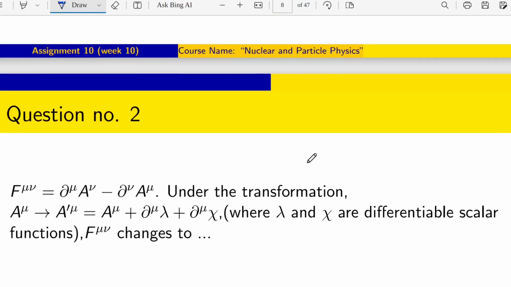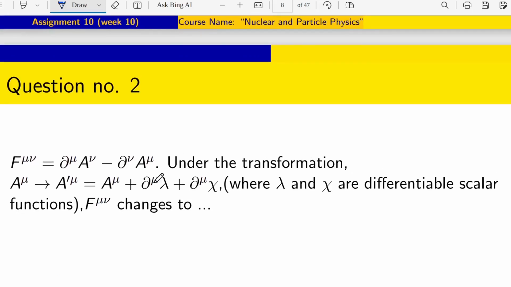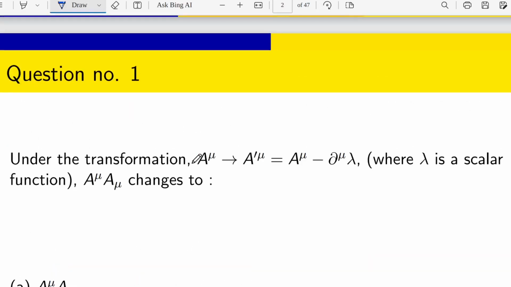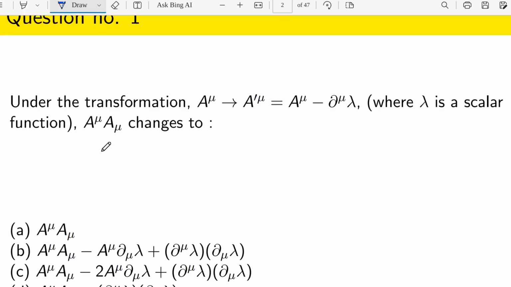And the next one was, under the gauge transformation, A mu prime equals A mu plus del mu lambda plus del mu chi, what will be the answer for that F mu nu? And similarly for the gauge transformation A mu prime equals A mu minus del mu lambda, what will be the value of A mu? So these questions we have covered in today's assignment questions.